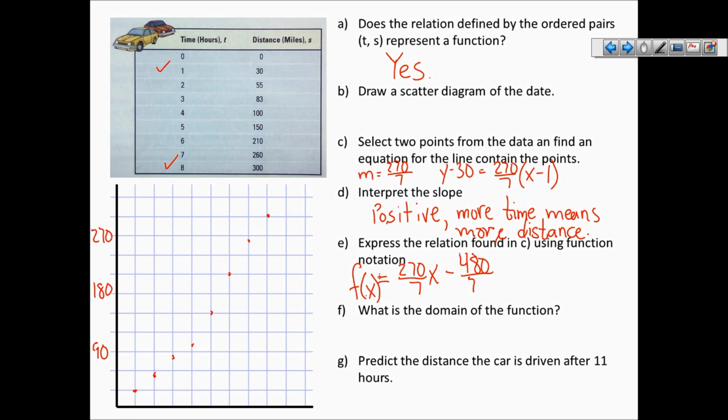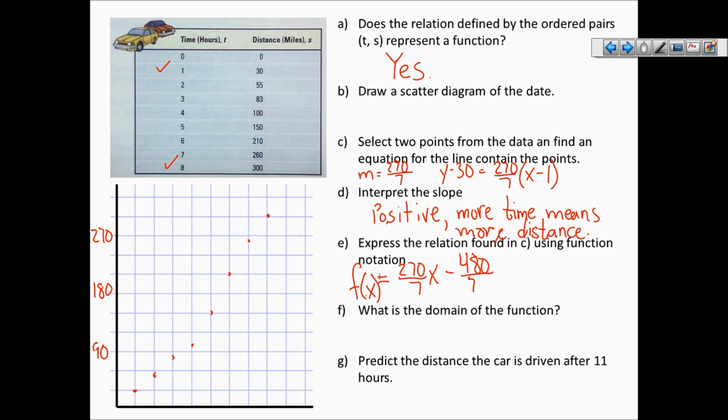It's easier that way. Now, part F, what is the domain of this function? Well, it looks like it's all real numbers, but we need to stop and think about the context that this was given to us in. Our x value, which is actually a t, is representing time. What can't we have as far as time? Can we have small values of time? Sure. 1 second, 2 seconds.